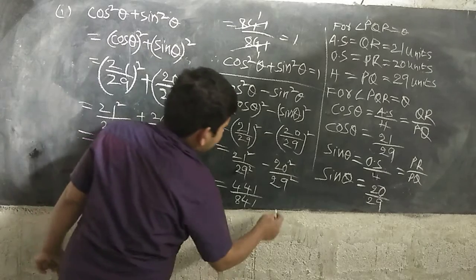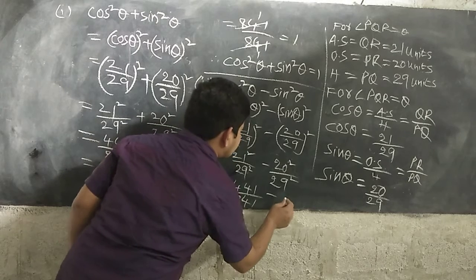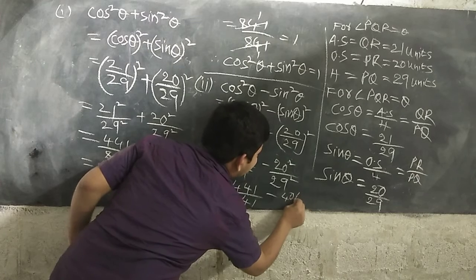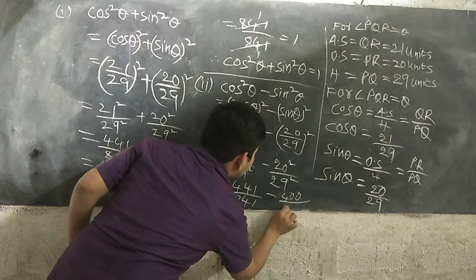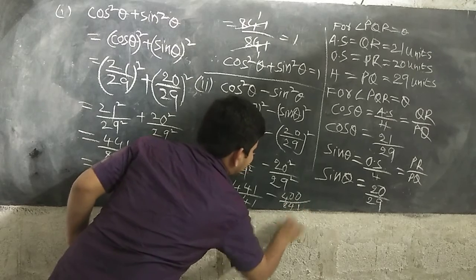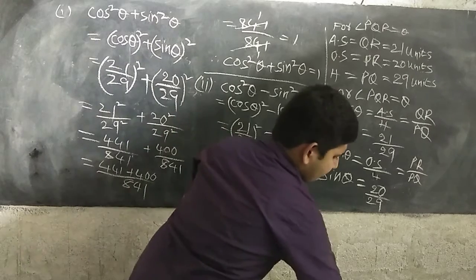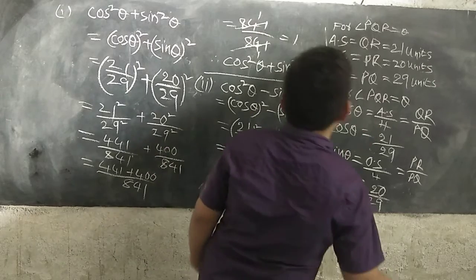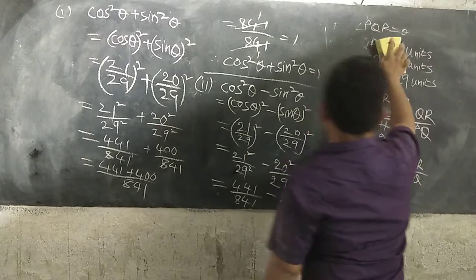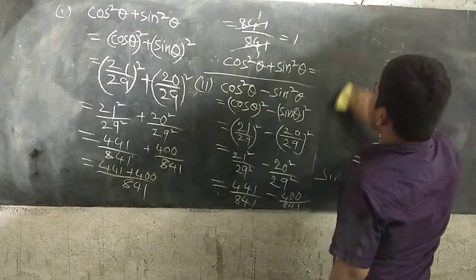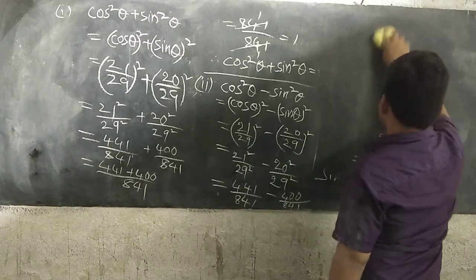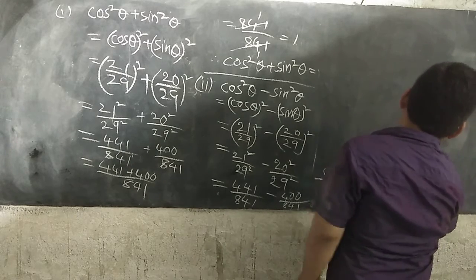Now 20 square equals 400 by 841. Now the denominators are the same, so the numerators can be subtracted directly without taking the LCM. If the denominators are different, we have to take the LCM using the factorization method.